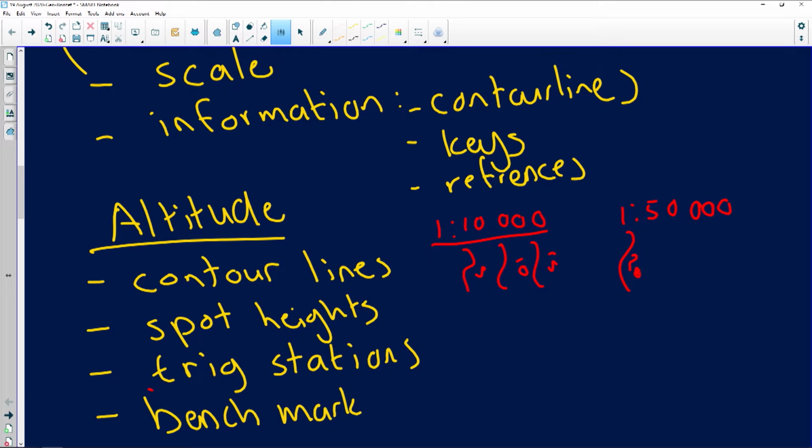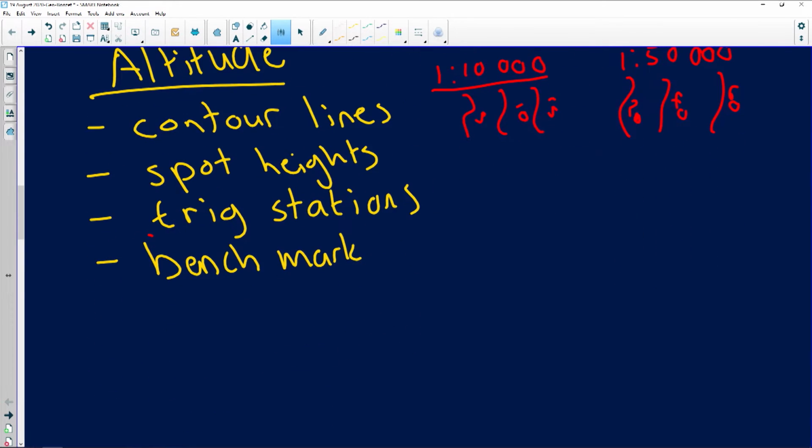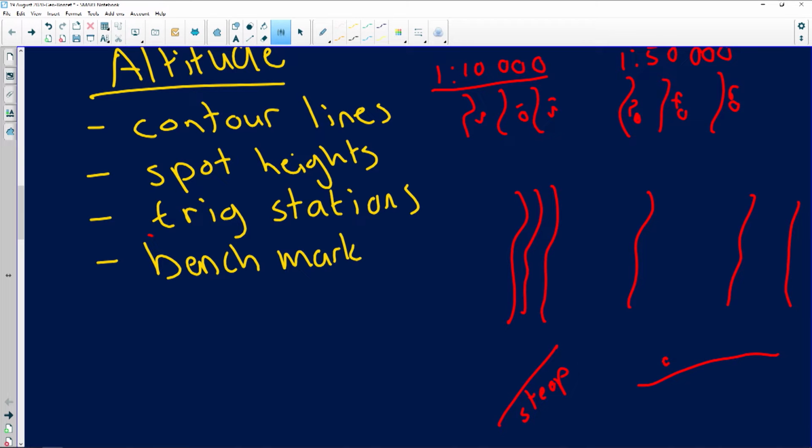So it's 20, 40, 60, for example. Now, I hope your teachers discussed it. When the contour lines are very close to one another, what do we know? It's a very steep gradient. When the contour lines are far from each other, it's a gentle gradient.